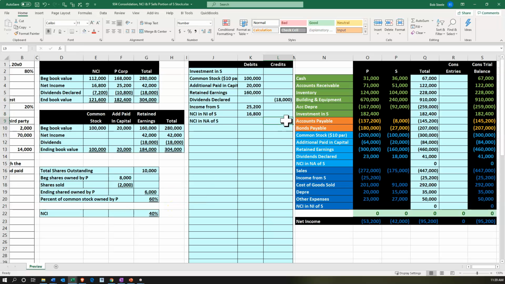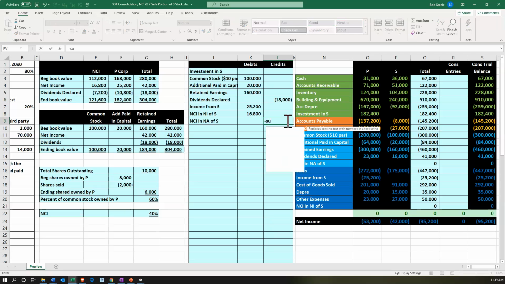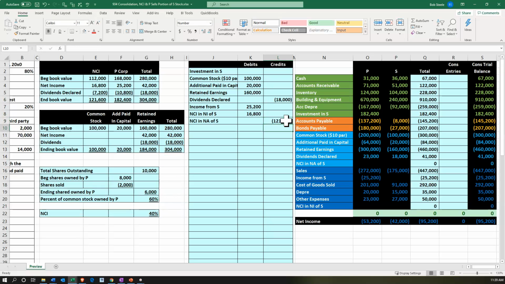So let's go to the non-controlling first. I'm going to say negative, and let's say sum. And then I'll pull them over from here. So assets minus liabilities, closing that up, and then times the non-controlling interest percent, 40%. Then let's go up top and do the other side here.